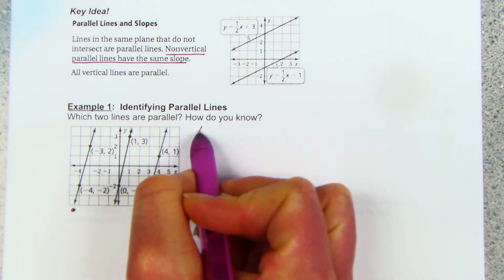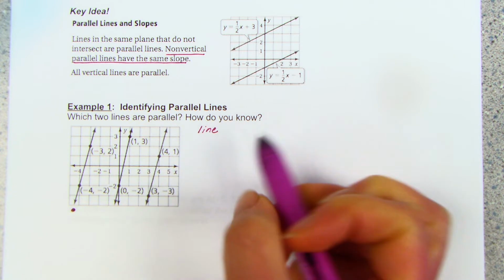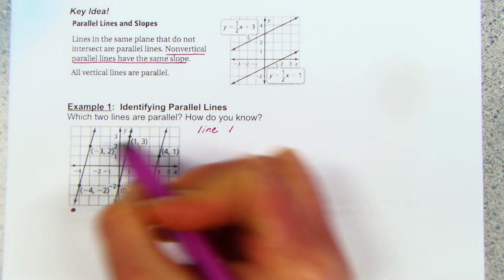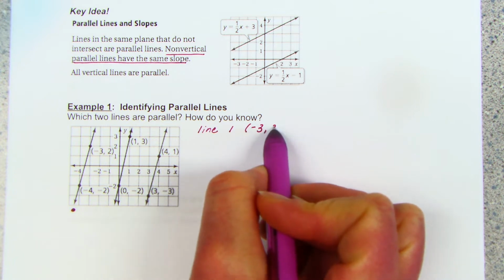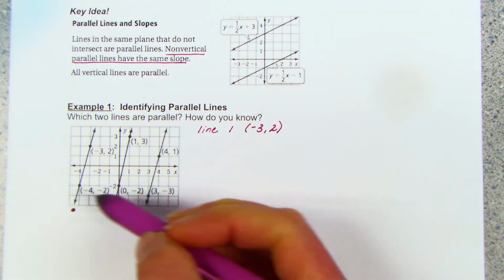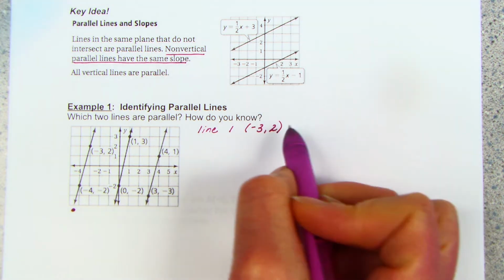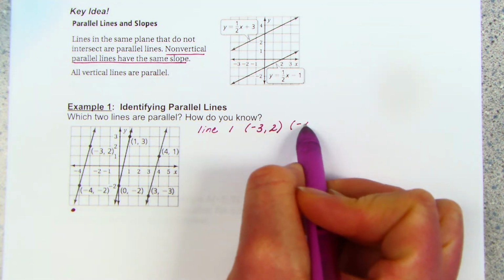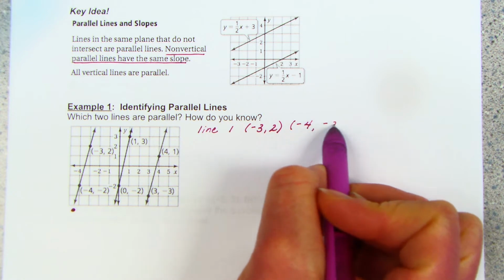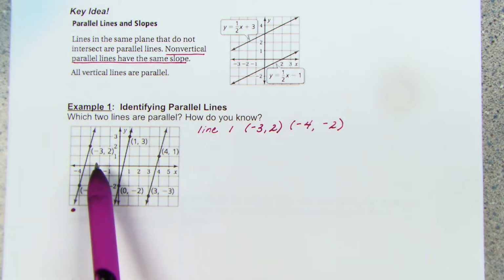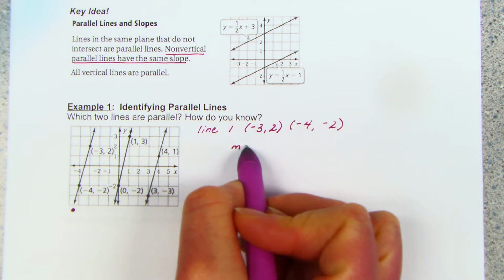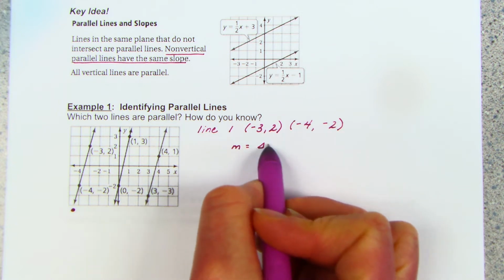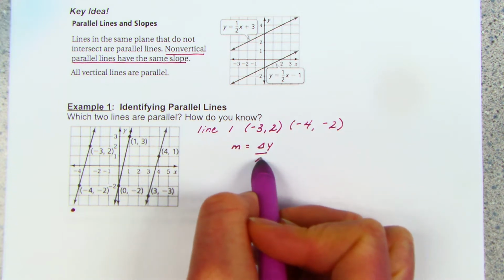Okay, so my line 1, I have 2 points on there. I have -3, 2, and I have -4, -2. And so to find the slope, I want the change in the y over the change in the x.